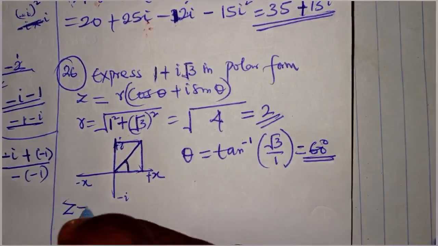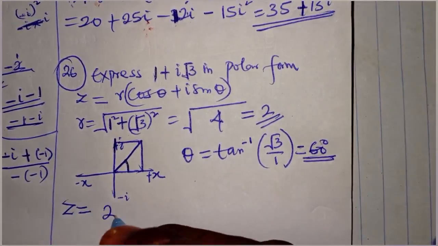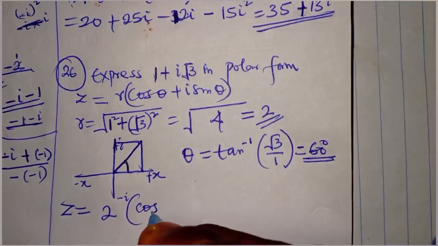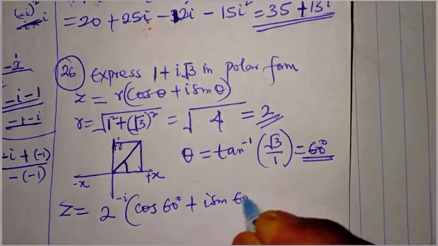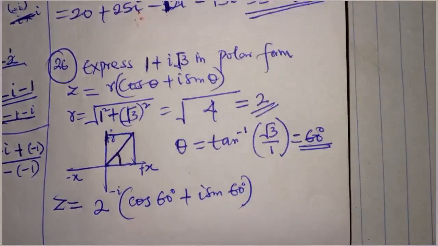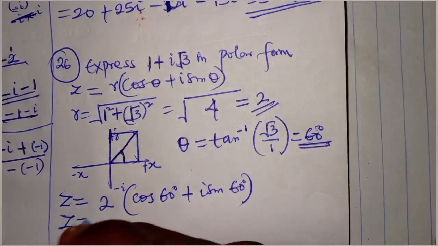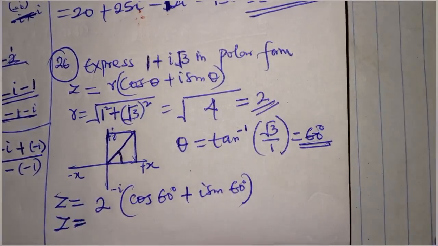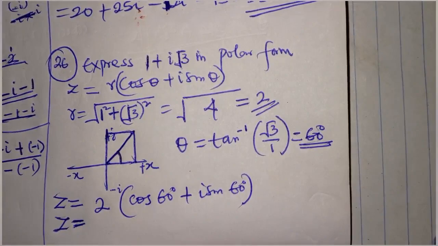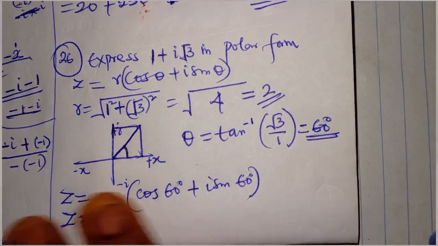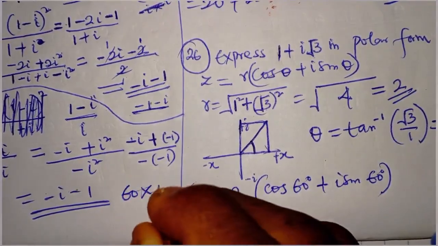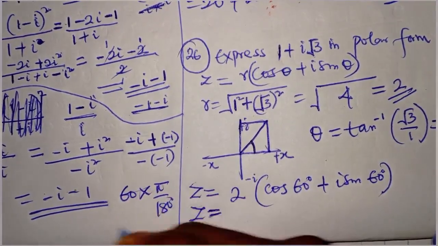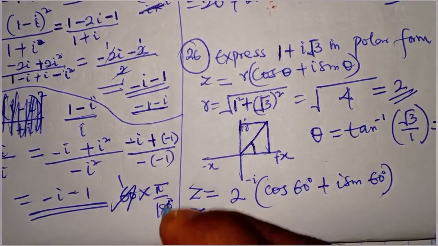Therefore, in polar form, z is equal to r, and r is 2, times cos 60 degrees plus i sin 60 degrees. Or I can write it in radians by changing the degrees, simply multiplying that 60 by pi over 180. 60 times pi over 180, 6 is 1, 6 is 3.